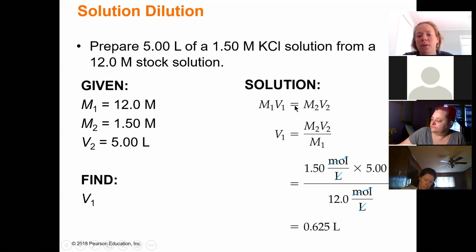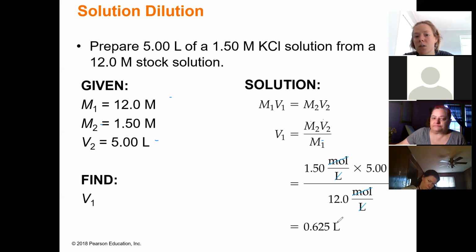We got M1 V1 equals M2 V2. We're going to solve for V1. V1 equals M2 times V2 over M1. And it's just as simple as plugging everything in. So we take our M2, we plug it in here. Our V2 goes here and we divide it by our initial molarity. We end up with a value of 0.625 liters.